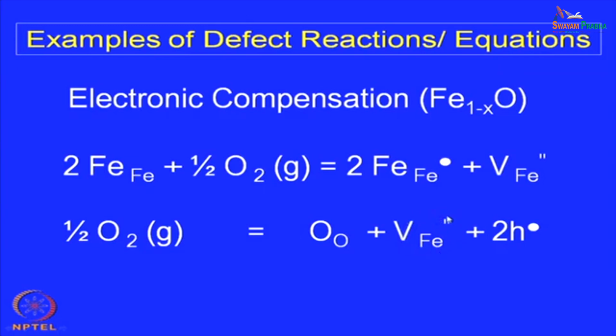So, an iron vacancy is created, and that iron vacancy has effective negative charge, and that is being compensated by two generated holes, which means these holes as such will not be free, they will be attached to particular metal sites, and that is why this will actually happen. Either you proceed from this end, or you can write it the other way, actually this is the final thing that happens. So, this is the electronic compensation in case of Fe1-xO.